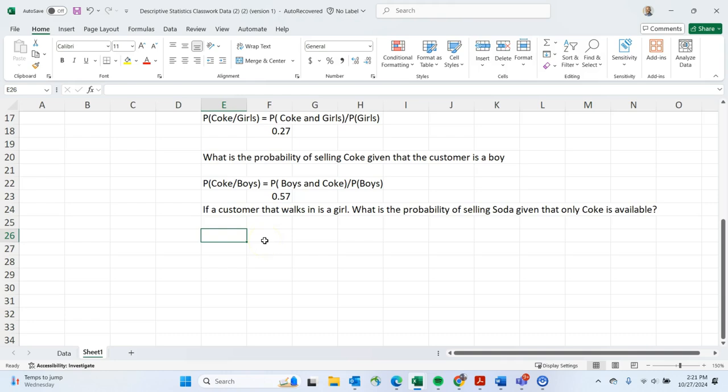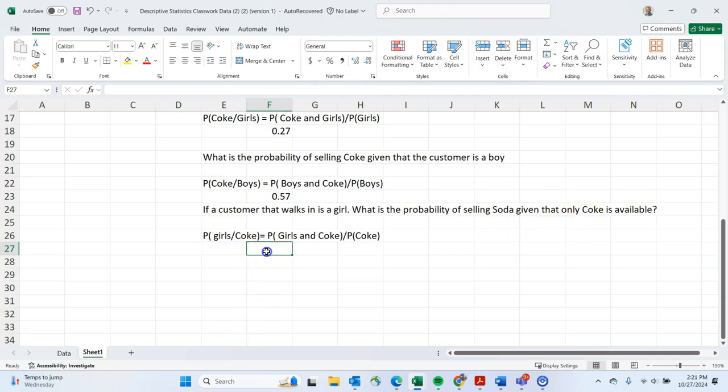So in this case, we are looking at the joint probability between girls and Coke, divided by the probability of Coke, because we know Coke is our condition.